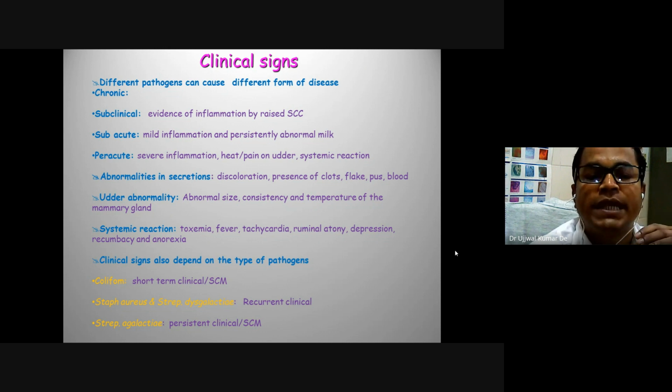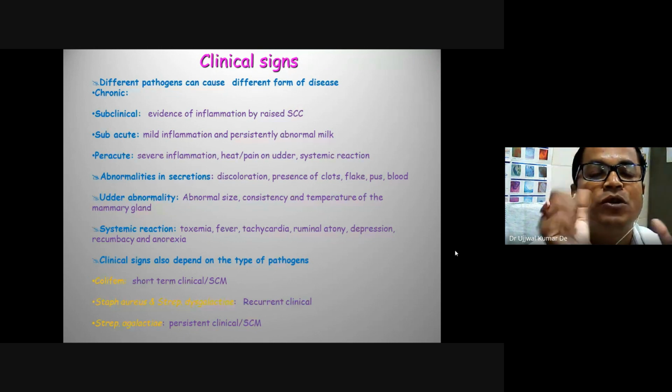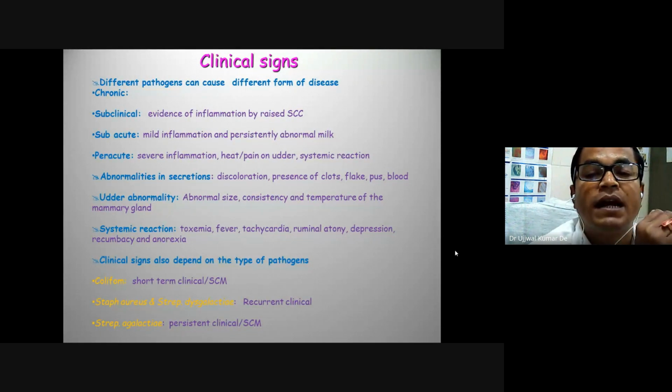Then another abnormality is abnormal size. One side, say the left side, may be large and the right side may be small. If there is chronic or fibrotic mastitis, the affected quarter will be reduced, or when there is acute inflammation, it will be enlarged. So abnormal size, consistency, and temperature of the mammary gland.